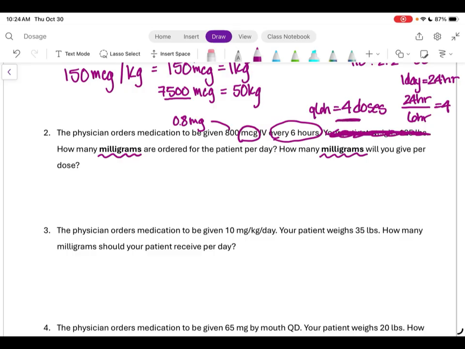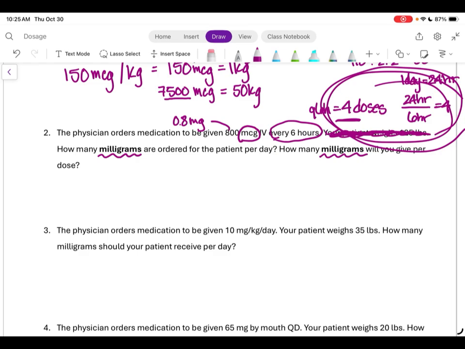Also in the book, I don't remember which page, I'll probably just put it in the announcement, there's a table that says Q1 hour is 24 doses, Q2 is like 12 doses, and it keeps going. So if this way doesn't help you figure it out, you might just need to memorize that table.